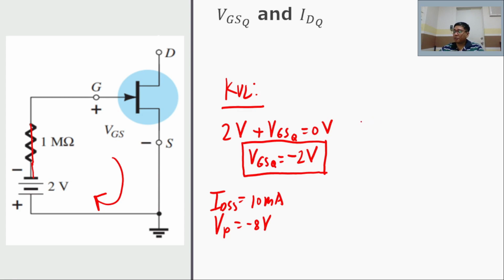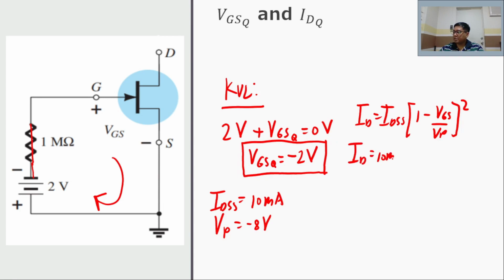Writing down Shockley's equation, we have ID equals IDSS times 1 minus VGS over VP squared. ID equals 10 milliamperes times 1 minus VGS divided by negative 8 volts squared.